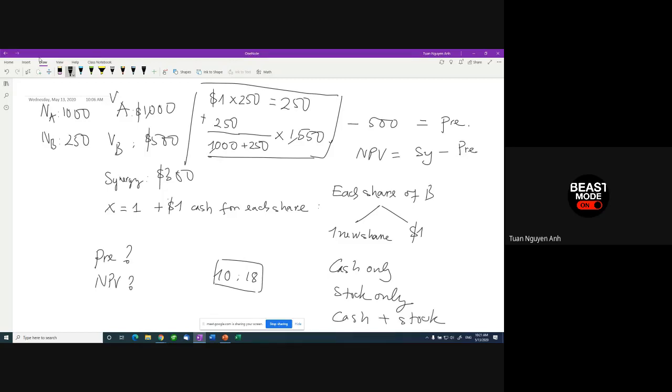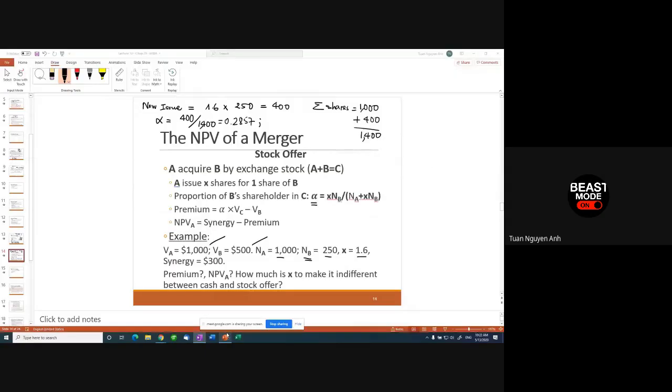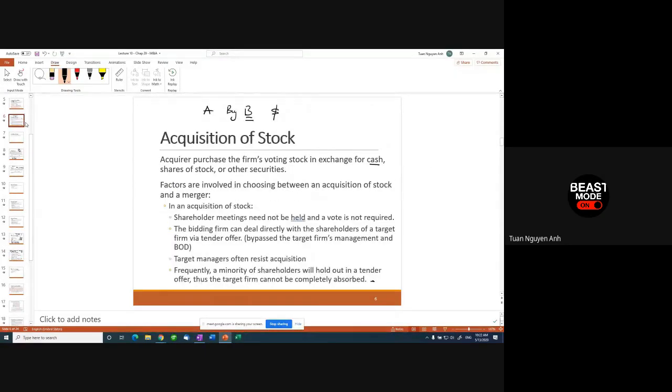So we have only three kinds of calculation in M&A problems. Don't worry much about other things. This is all we have to understand and practice in terms of calculation. Okay, so let's move to the previous part, acquisition by stock.